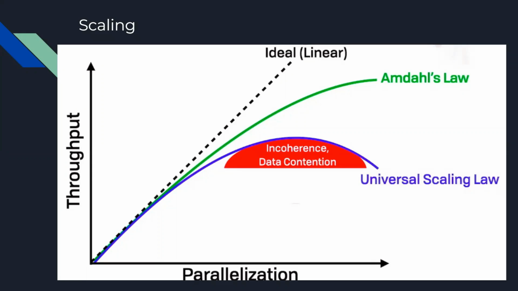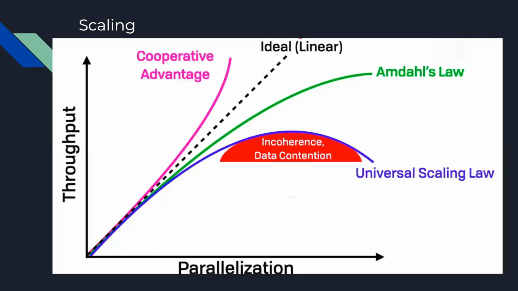But with Web3, as you're adding more users, they're also strengthening the system. They're adding more compute, they're adding more storage as well. One very good example is torrents. I think I've heard of people downloading movies illegally. I'm not one of them.